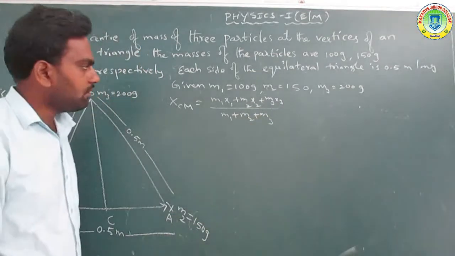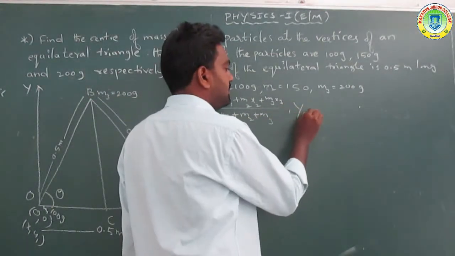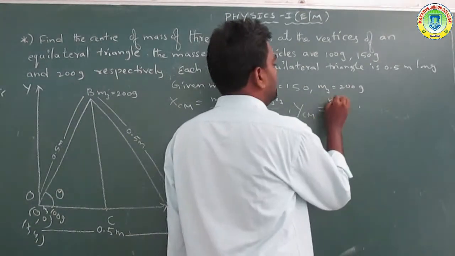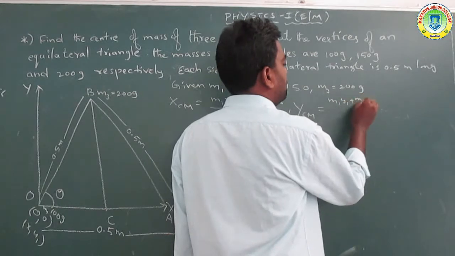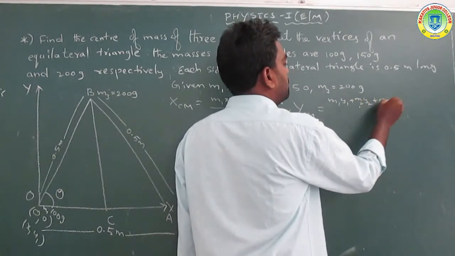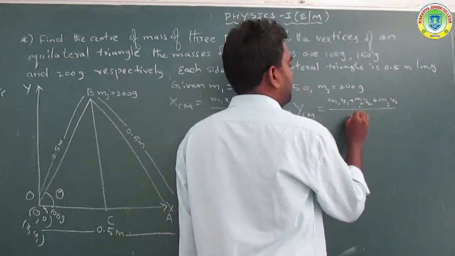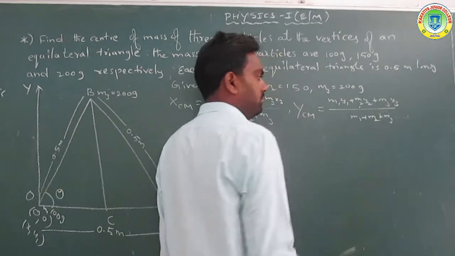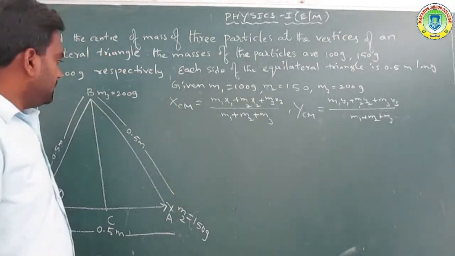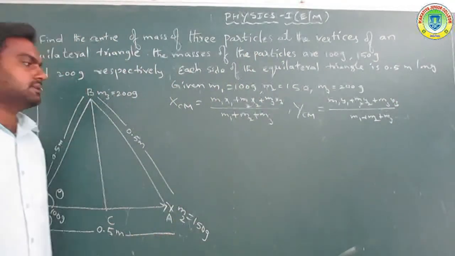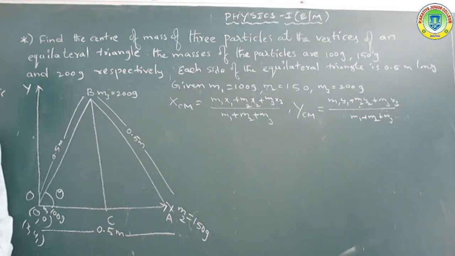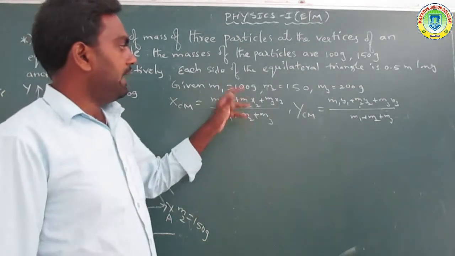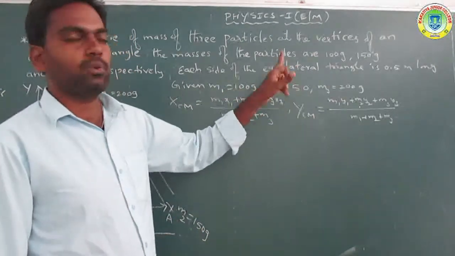Similarly, YCM, the center of mass, is equal to M1 y1 plus M2 y2 plus M3 y3, divided by M1 plus M2 plus M3. Now we already know the masses of the three particles, M1, M2 and M3, but I will calculate x1, x2, x3, y1, y2, y3.